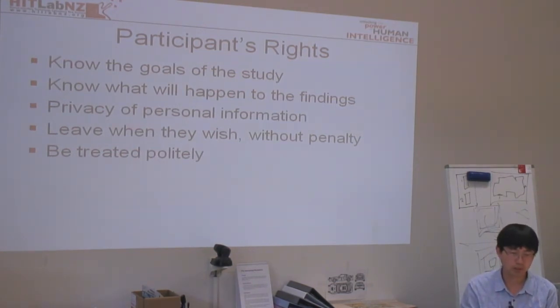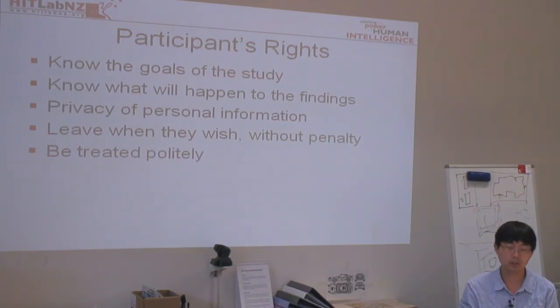And once the participants participate in your study, it's also important to make sure that you yourself, but also the participants themselves, know what their rights are during the experiment. So these are the rights of the participants. They have a right to know the goals of the study.